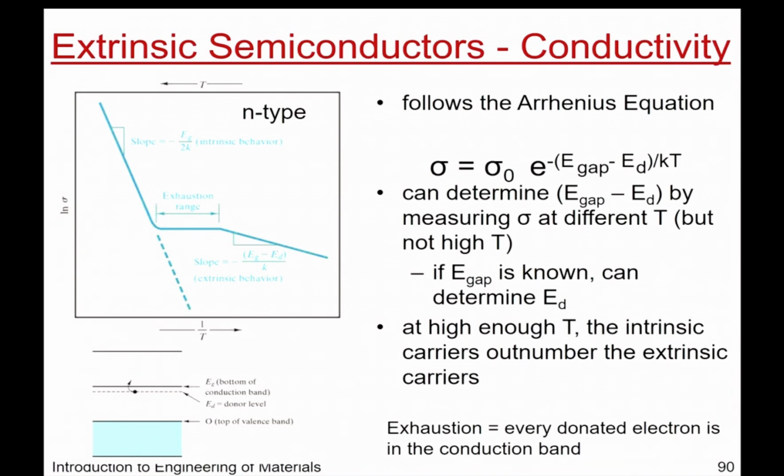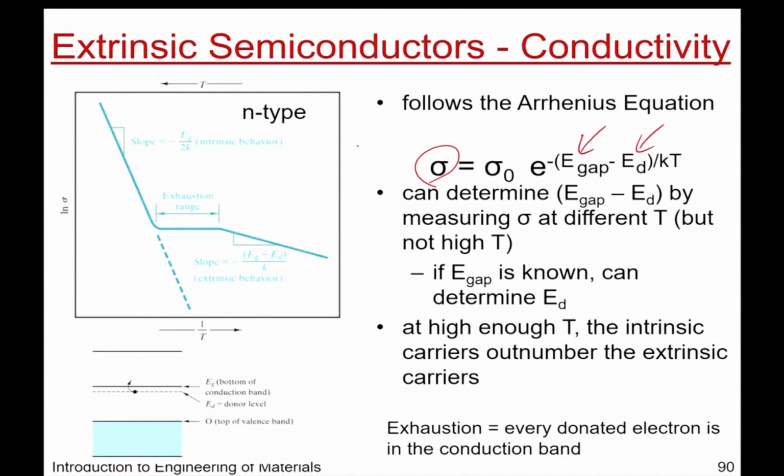In dealing with the energy states of extrinsic semiconductors, you can calculate your conductivity, sigma. That's dependent on both the band gap of your intrinsic material as well as the energy level of the donor state.